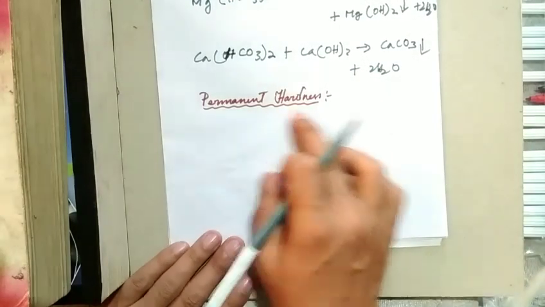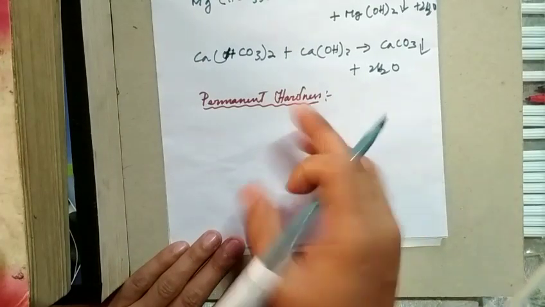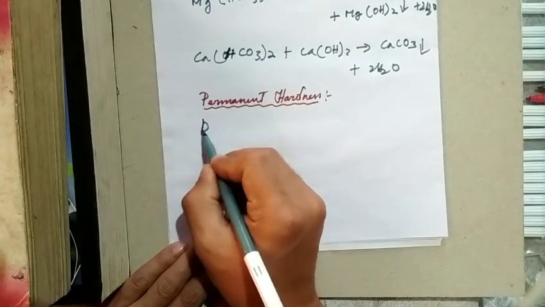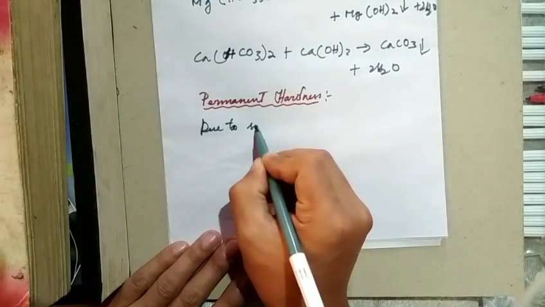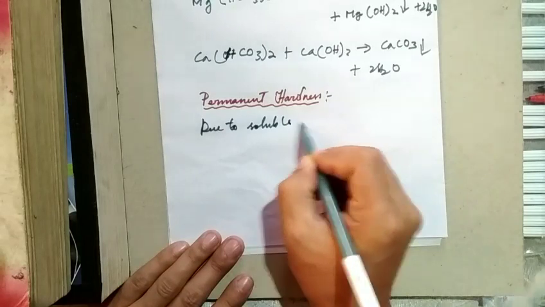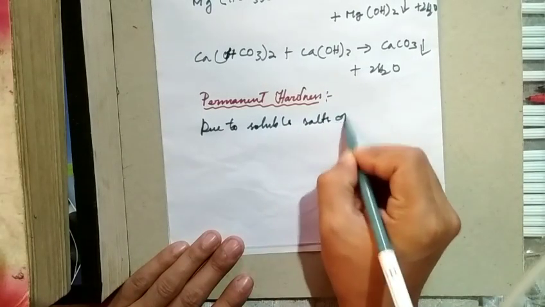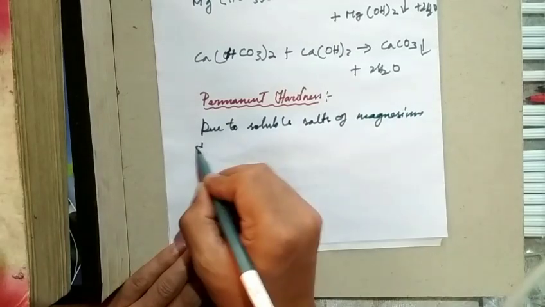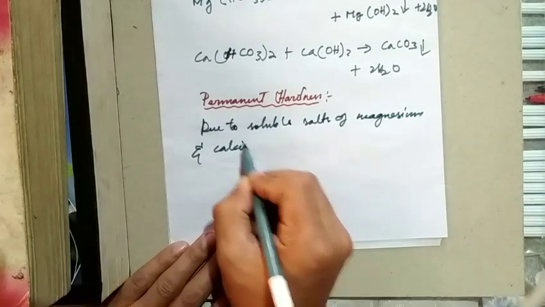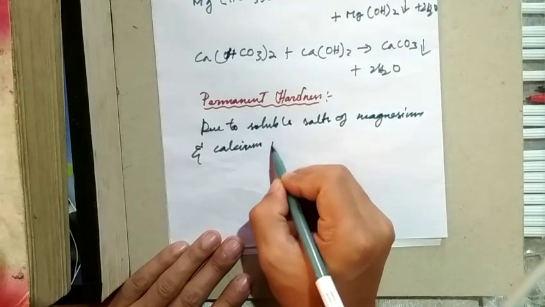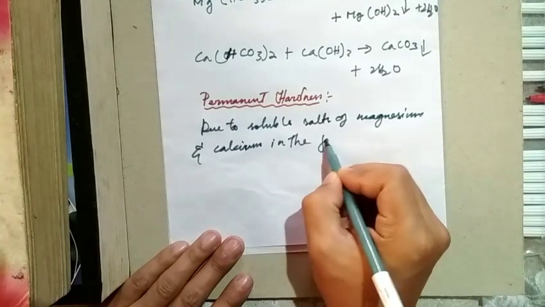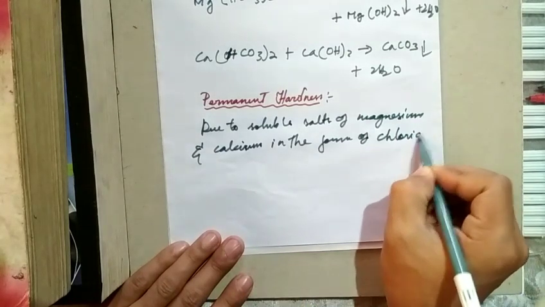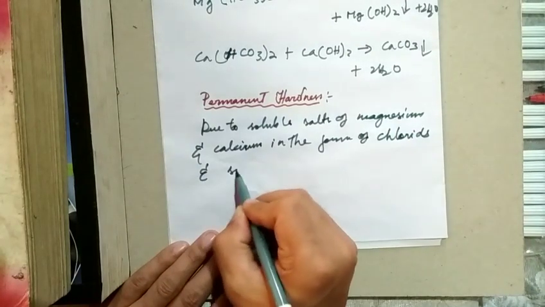Now permanent hardness. The reason for permanent hardness is due to soluble salts of magnesium and calcium in the form of chlorides and sulfates.